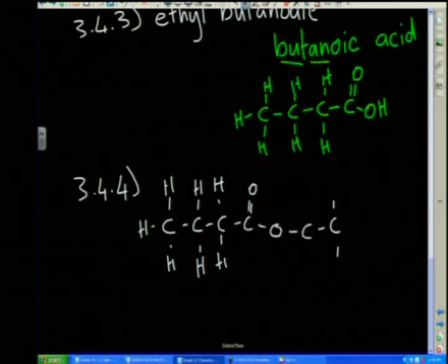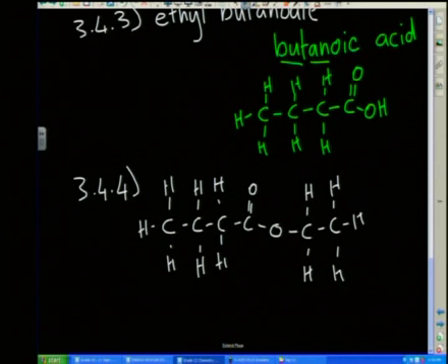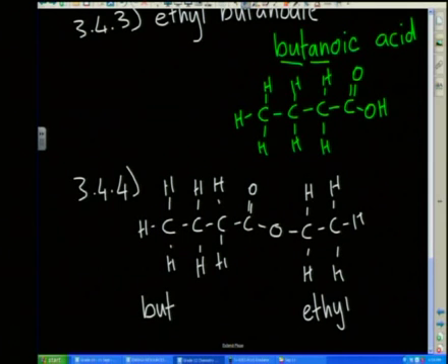So I hope that you can see that my ethyl part comes onto that oxygen. So we've taken butanoic acid, we've made it into a butanoate. So let's just highlight this. This is the ethyl part, and this is the butanoate part. And that is the last of question 3.